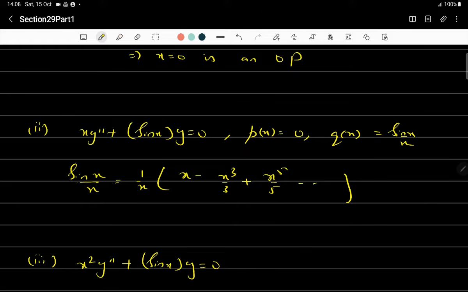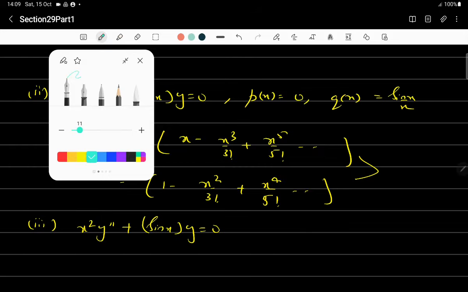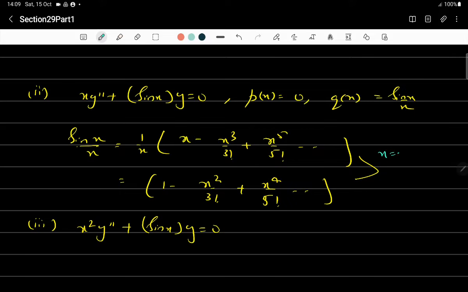If you take x inside, it becomes 1 minus x square by 3 factorial plus x raised to the power 4 by 5 factorial and so on. It means that sin x by x has a power series expansion, and therefore x is equal to 0 is an ordinary point.